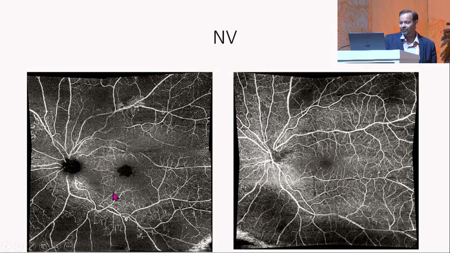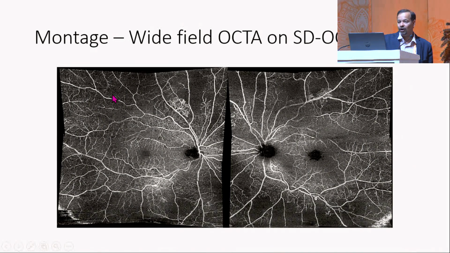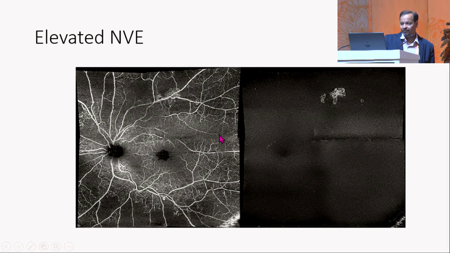So this is a patient, you can see there are many CNPs, and when you go on to do wide field OCTA in these eyes, you can very well see neovascularization as well. So with currently available OCTA machines, since we just image the posterior pole, not all peripheral NVs can be picked up, but when you have wide field OCTA which is reaching up to the mid-periphery, you can pick up these neovascularizations very well.